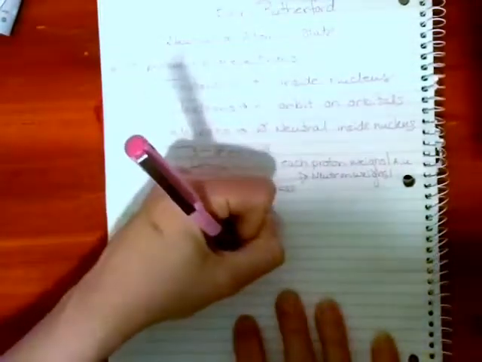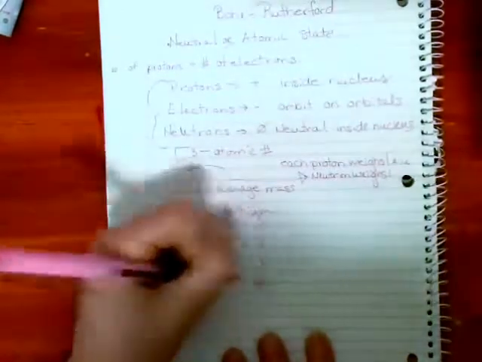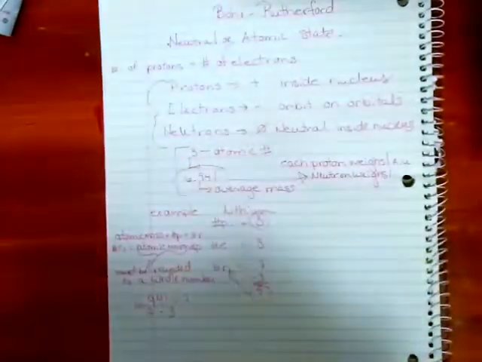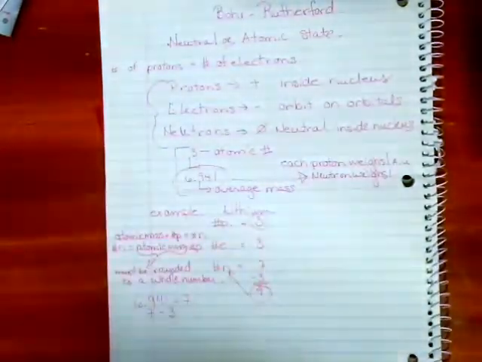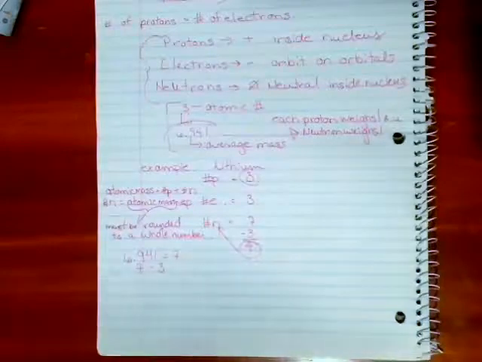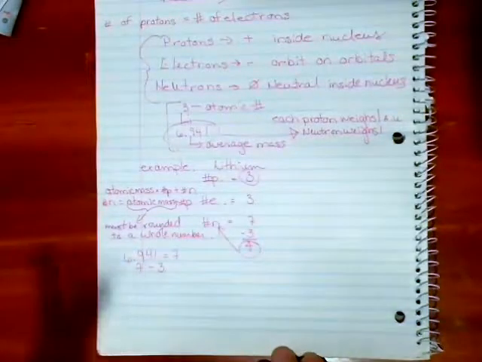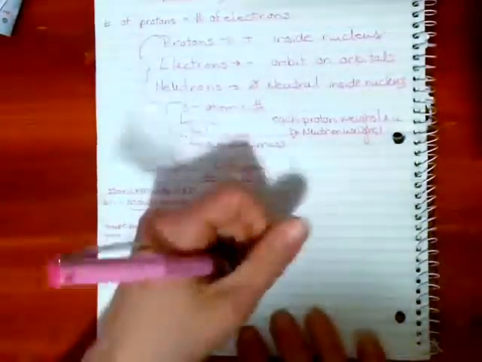So 7 minus 3 equals 4, so there's 4 neutrons in lithium. So now comes the big moment where you're going to draw it, okay? Lots of people have different ways of representing Bohr-Rutherford. So I'm going to show you what I was taught and what I still use.